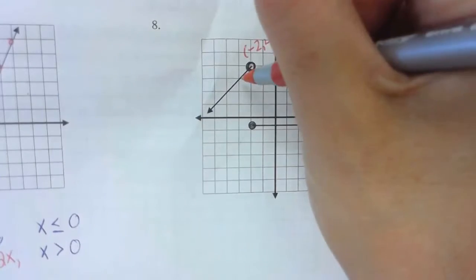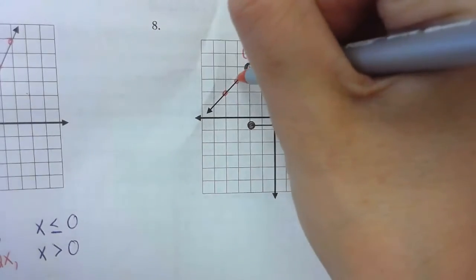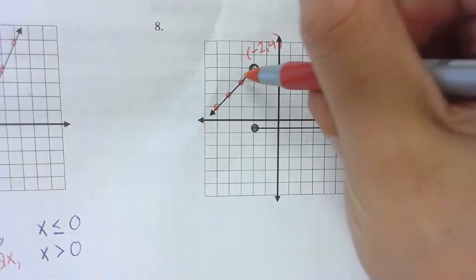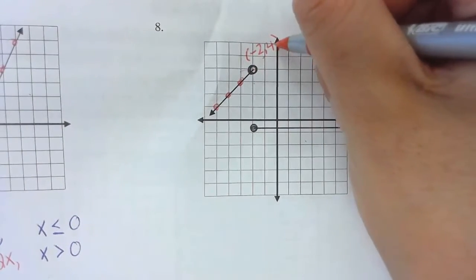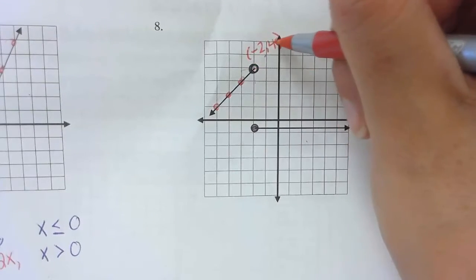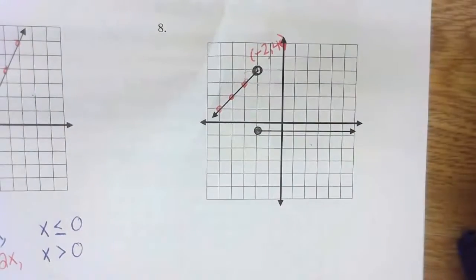It also goes through all my other corners. So we could see that this slope is up one, right one. If that pattern were to continue, it would go up one, right one at 5, up one, right one at 6. So its y-intercept would be 6.